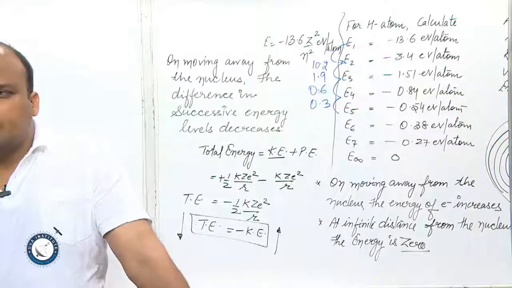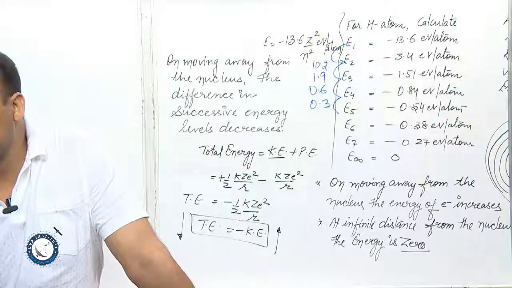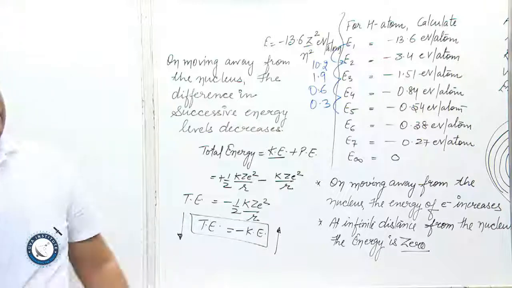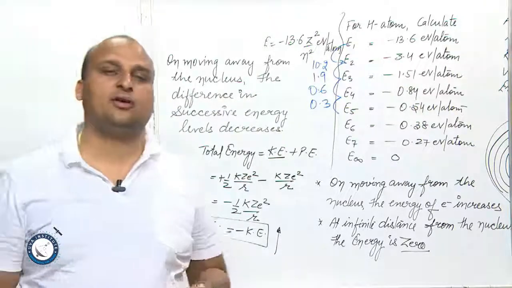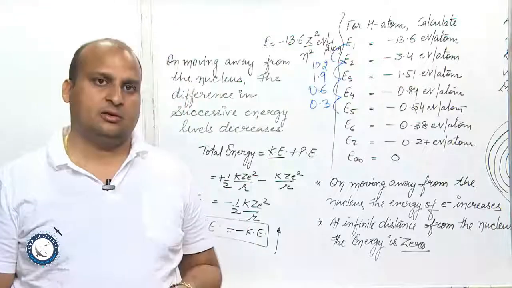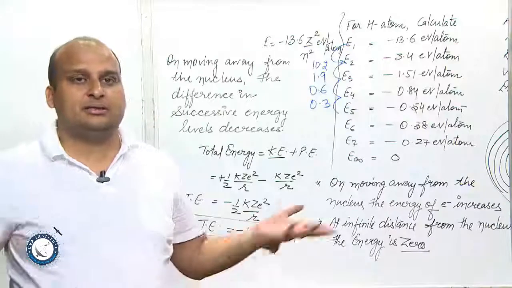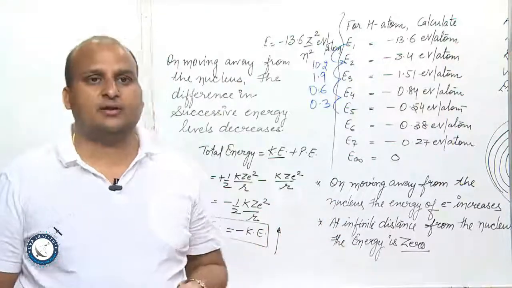Okay, there is a query from Bhatenda. Sir, will the energy become positive if the electron is farther than infinity, if possible? Beta, try to understand, this negative value is only for giving you the direction. If an electron is not in an atom, then it just has got nothing, and 0 we are taking as a reference value.